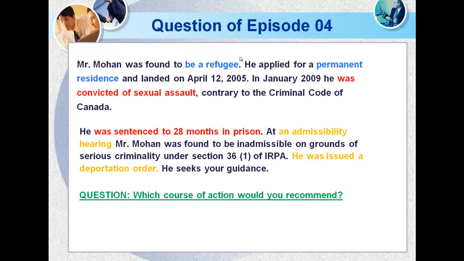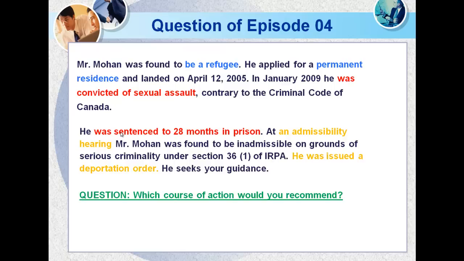For this scenario, the client is a refugee and a permanent resident. The second one, what's the reason he's seeking your advice? Maybe he has a criminal record, and what happened? Because he already knew what happened with him, how to solve his question. And he got the result.